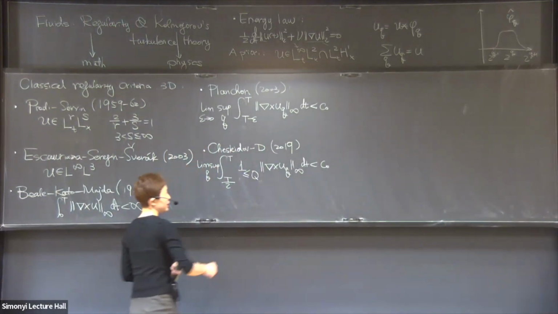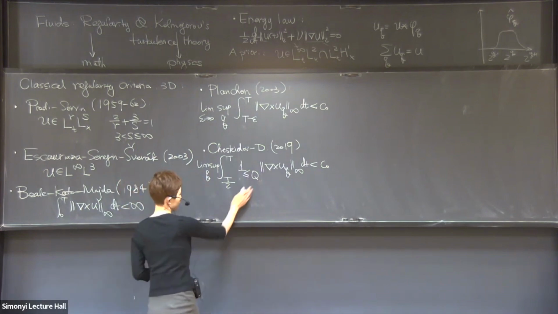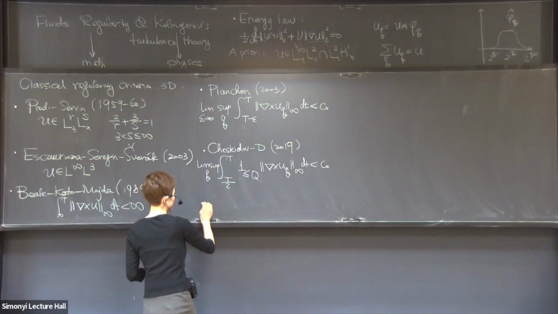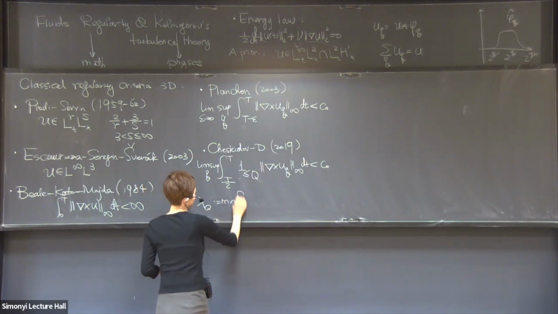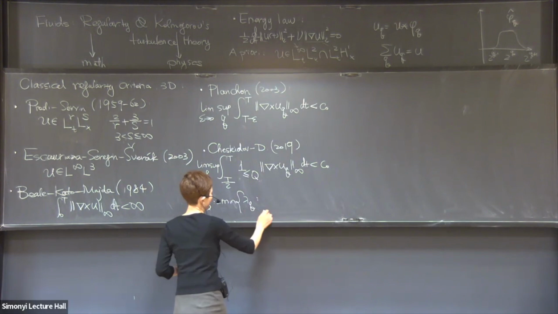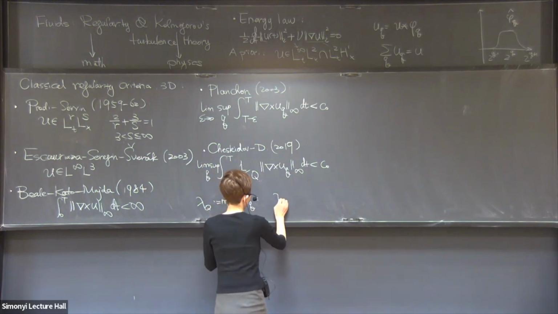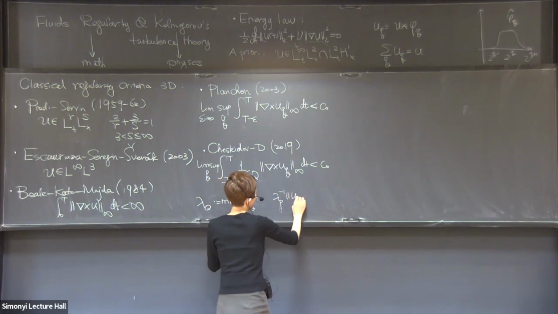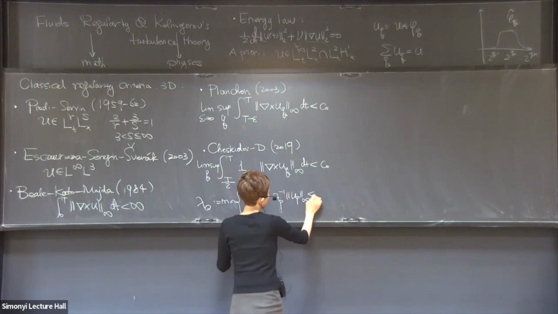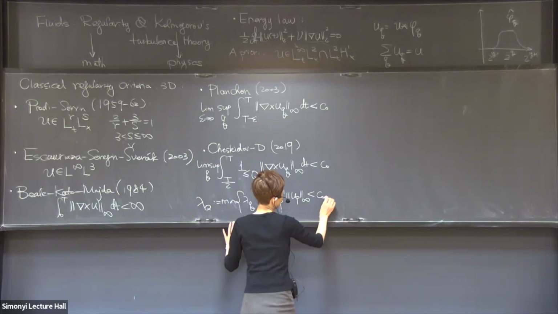So here, this Q, the capital Q is defined as the minimum of wave numbers satisfying the condition with a small constant, C naught.